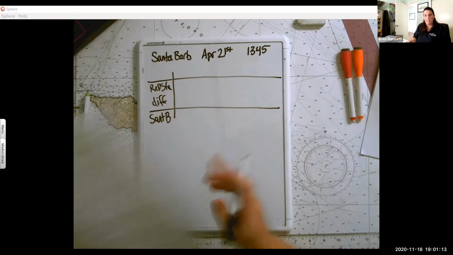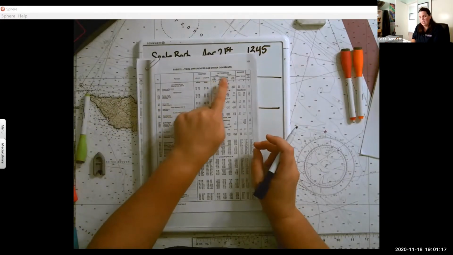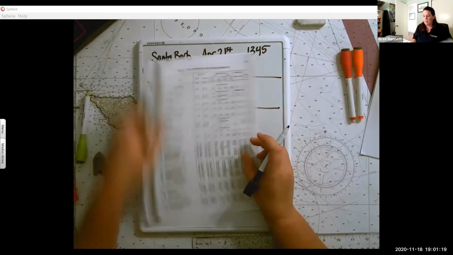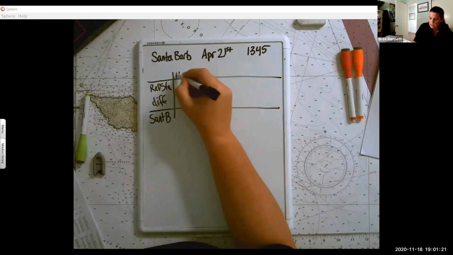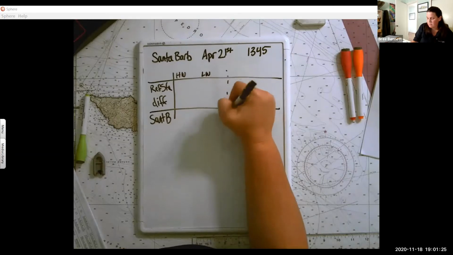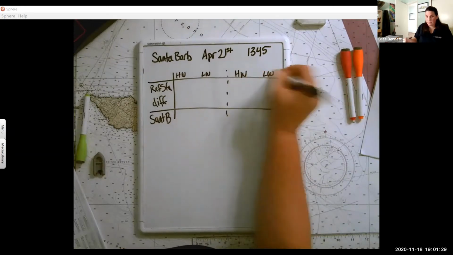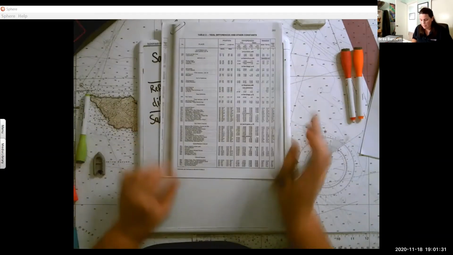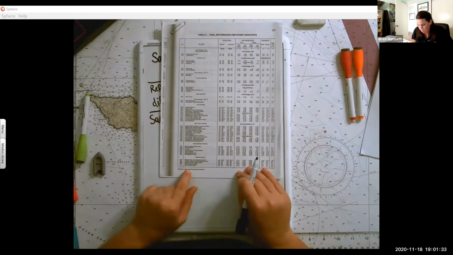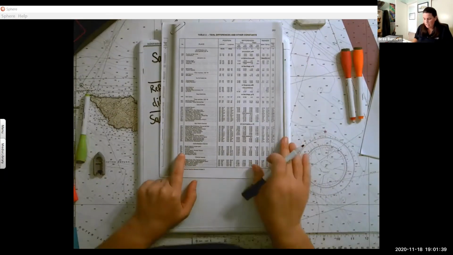On the differences page, we have high water, low water, high water, low water. So I'm just going to copy that. And then I'm going to find Santa Barbara, which is 459.